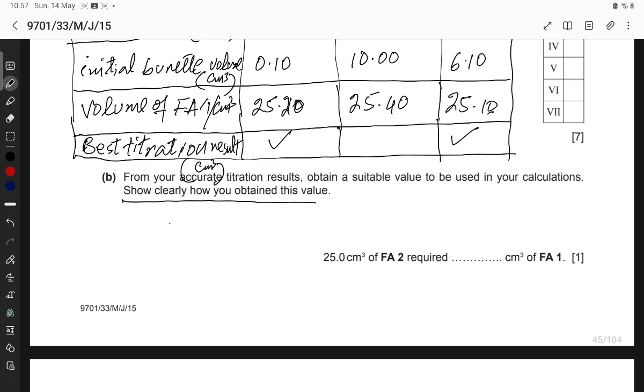If these were totally different, I would do a third one, and if I got something the same, I would use those values.